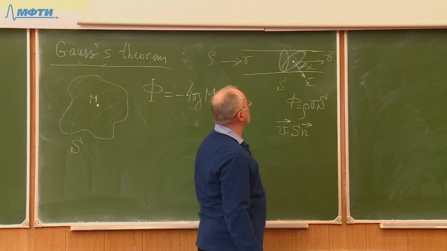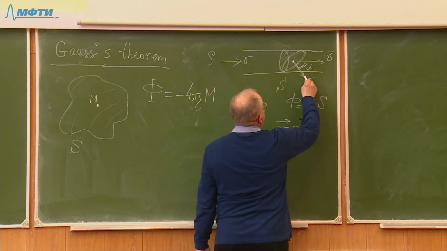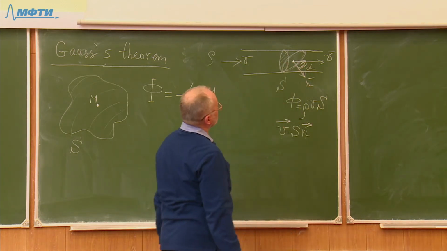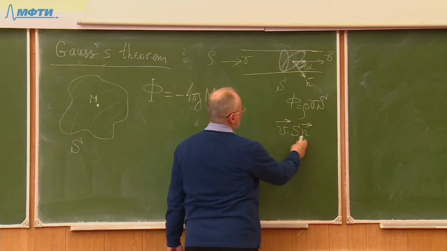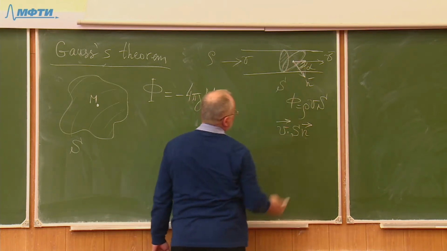The result will not depend on alpha, because if you take n cosine alpha, you will have to take this vector which will correspond to the original surface. So such a result will not depend on the angle of inclination of this area.